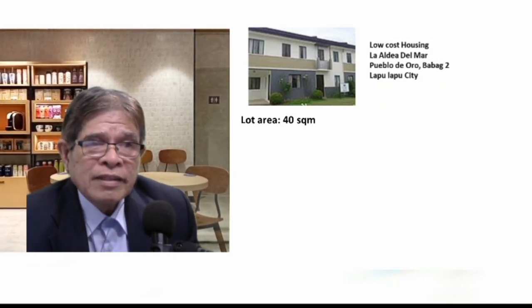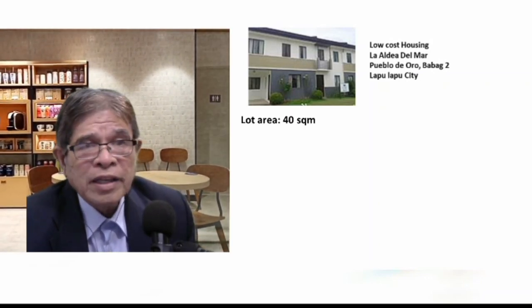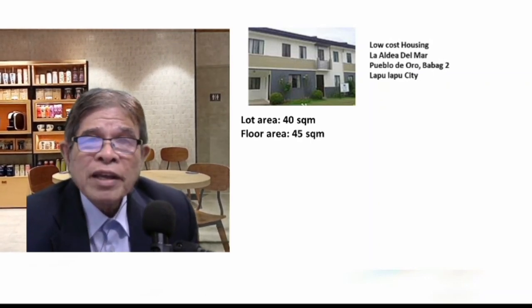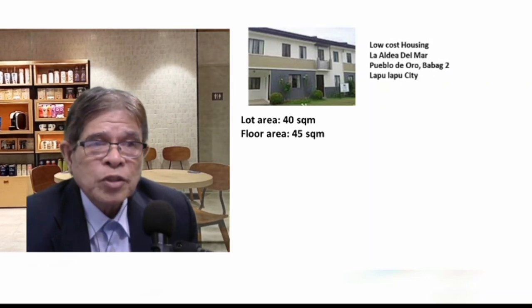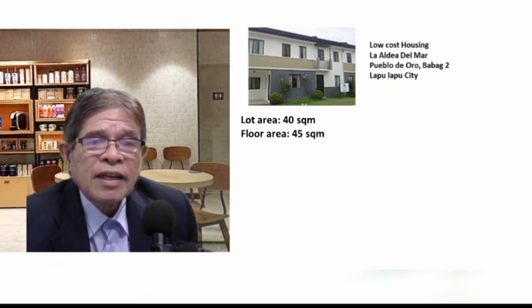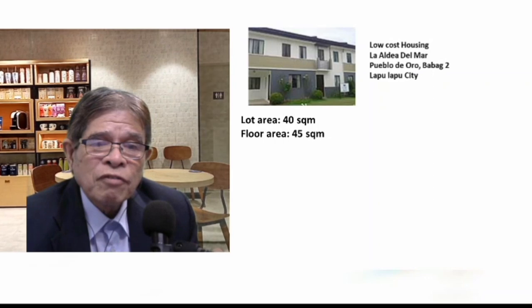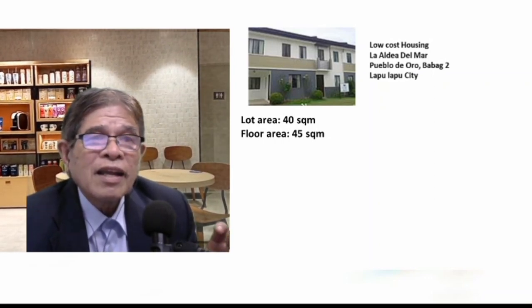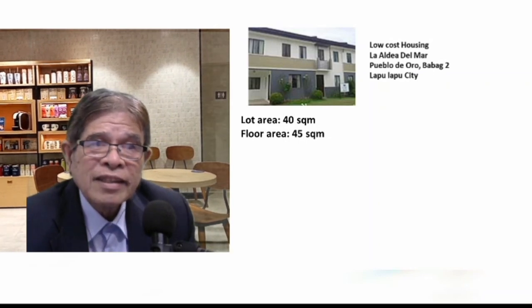The lot area in La Aldea del Mar is 40 square meters. The floor area is about 45 square meters. What is again our formula or method? Separate the house from the lot.